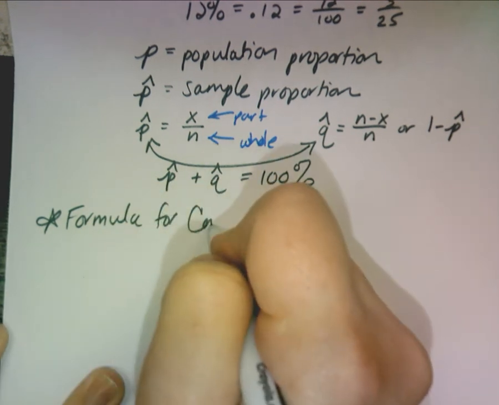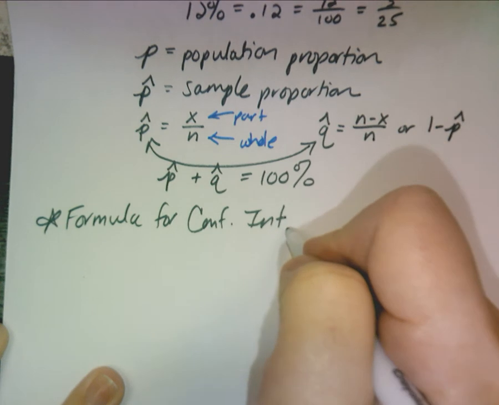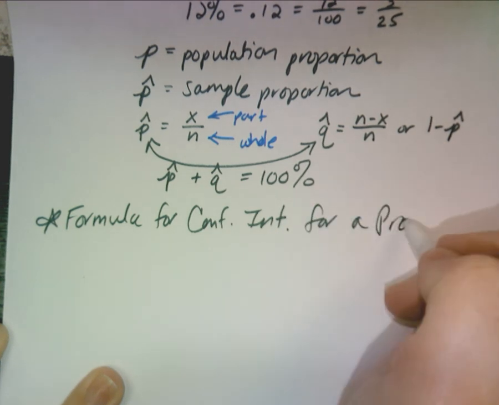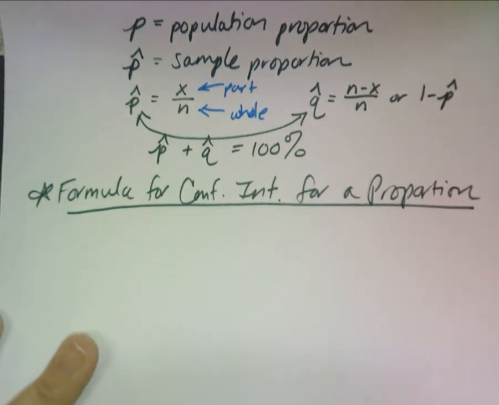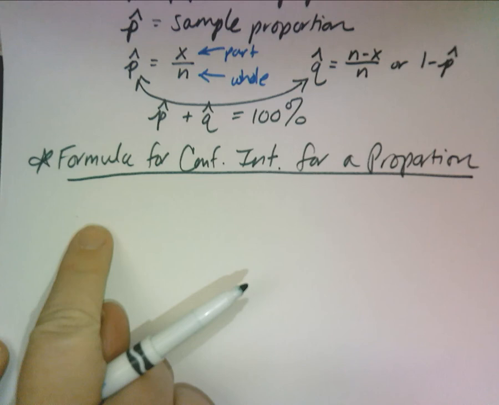Here is the formula to find the confidence interval for a proportion. It's super long, so you might want to start to the left.